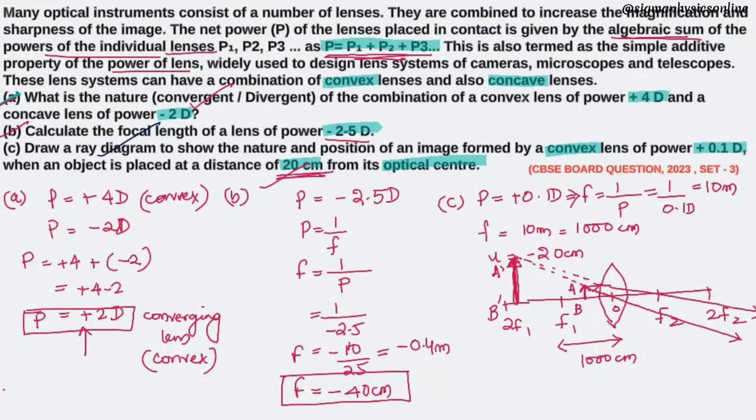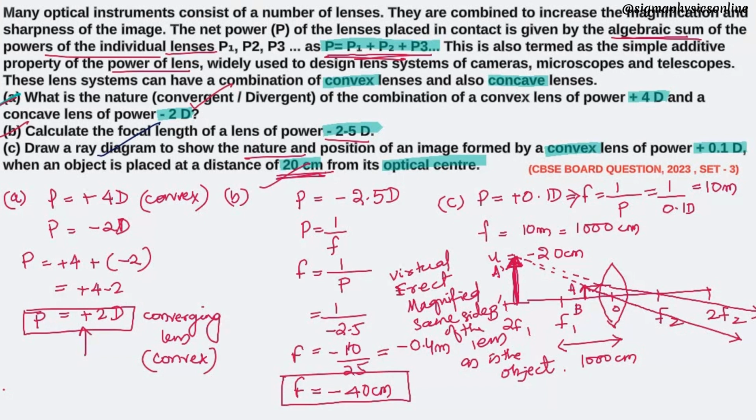This will be the position where the image will be formed, and the image will be a virtual image. It will be upright, it will be magnified, and it will be formed on the same side of the lens where the object is. So the nature: it's a virtual image, it's upright or erect, it's magnified, and it is formed on the same side of the lens as the object.